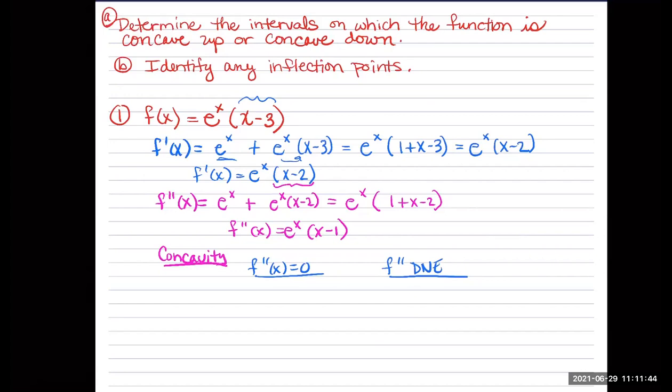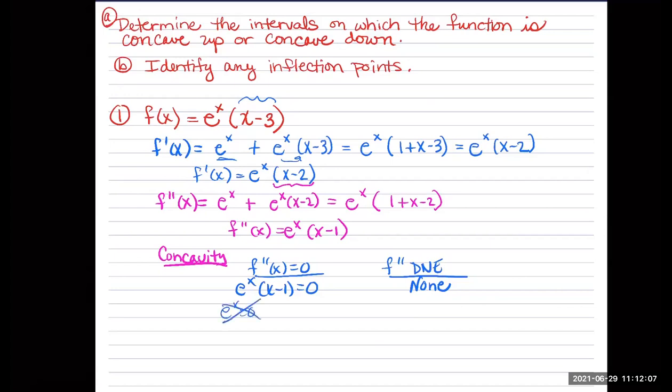Well, first of all, I can see that there are no places where it's not defined, right? E to the x is defined everywhere. X minus 1 is defined everywhere. So I'm not going to get any solutions out of that part. So now I'm setting this function equal to 0. We know e to the x can't be equal to 0.